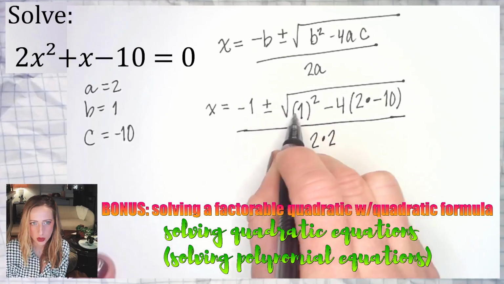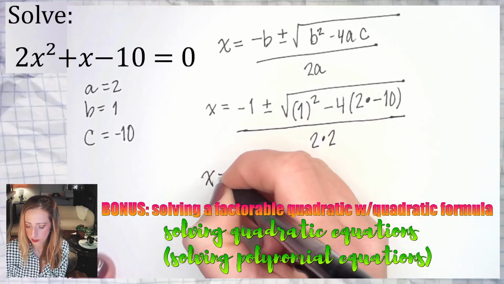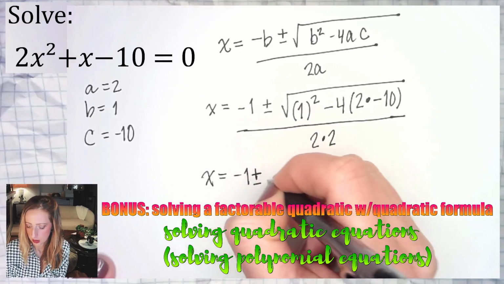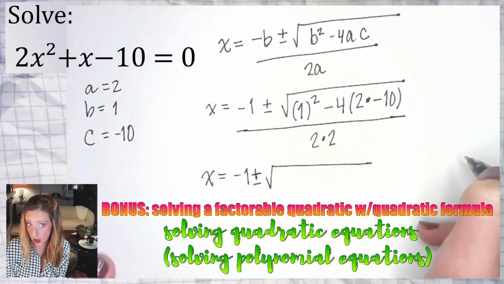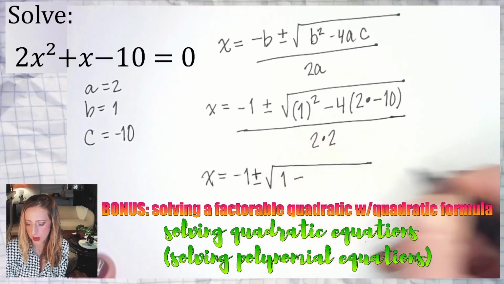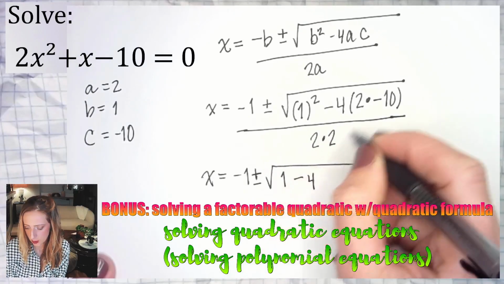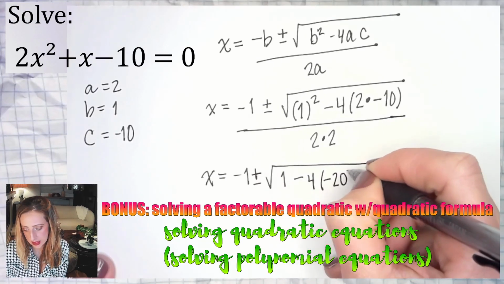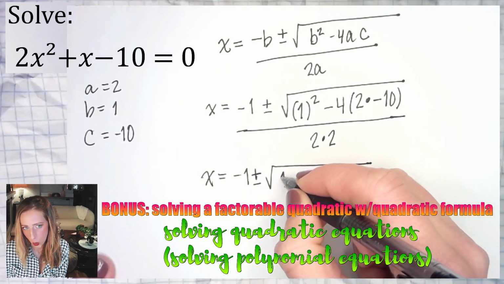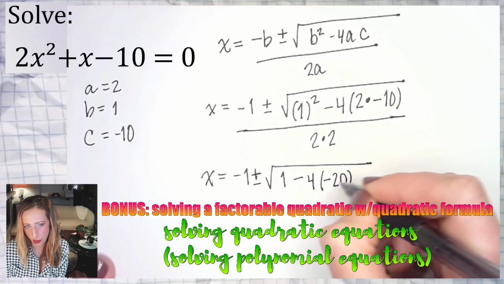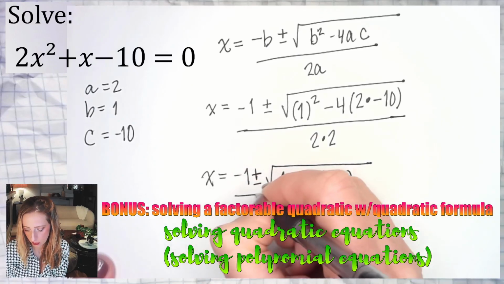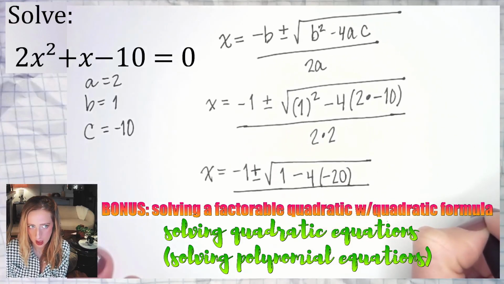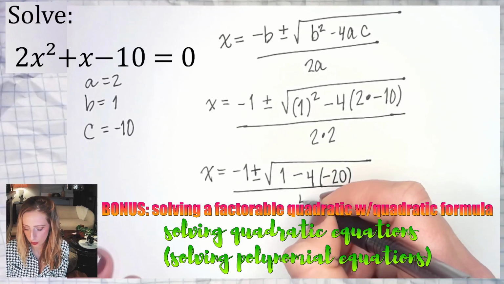Now, 1 squared is 1 times 1, so that's 1 minus 4 times, and 2 times negative 10 is negative 20. So 1 minus 4 times negative 20, over 4.